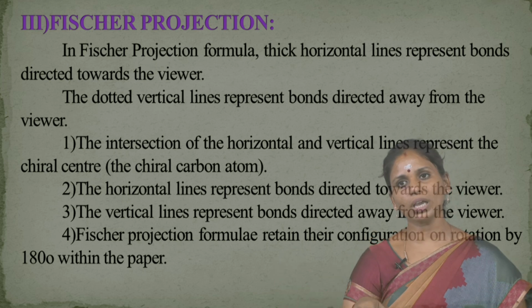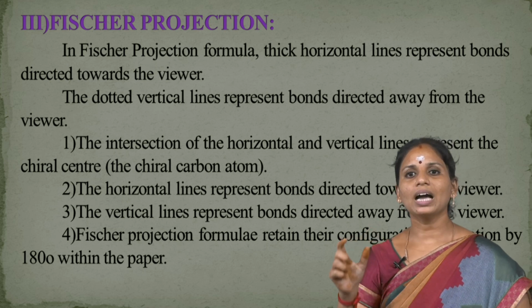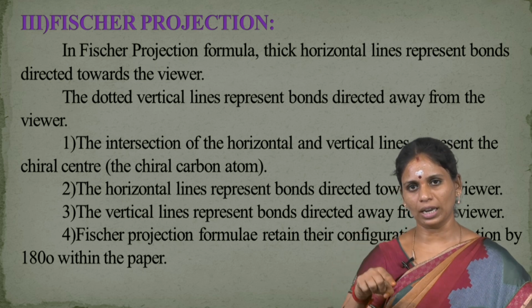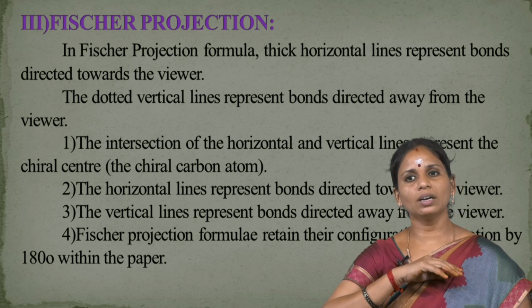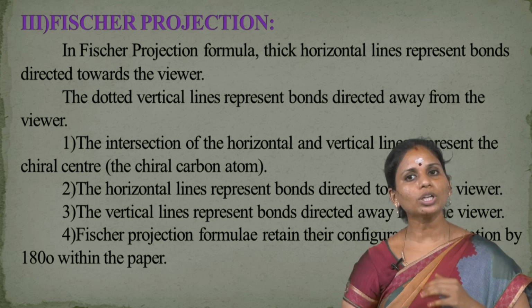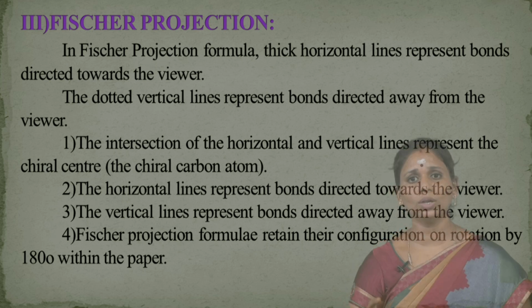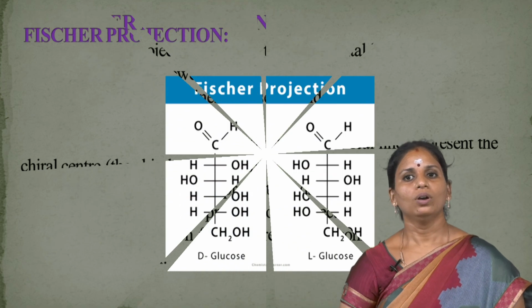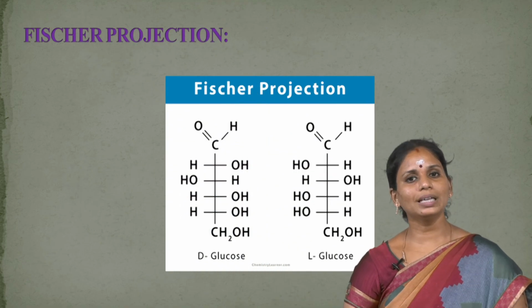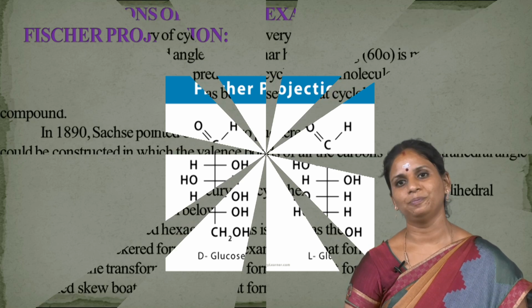The intersection of the horizontal and vertical lines represents the chiral center, and the horizontal lines represent the bonds directed towards the viewer, and the vertical lines represent the bonds directed away from the viewer. So the Fischer projection formula retains its configuration on rotation by 180 degrees within the paper itself. We can see the example of D-glucose and L-glucose, which are represented by Fischer projection formula.